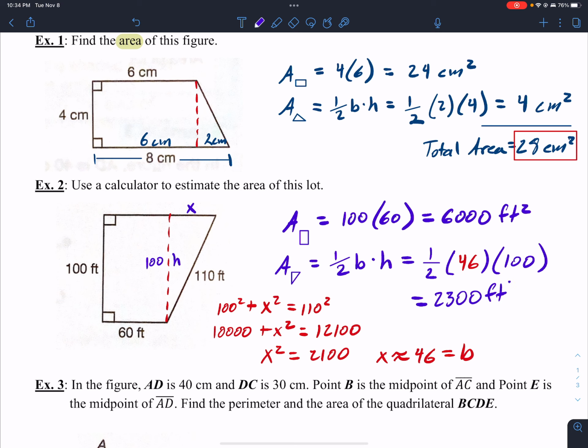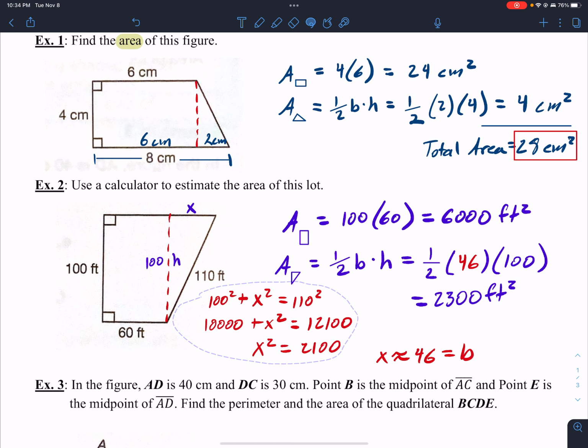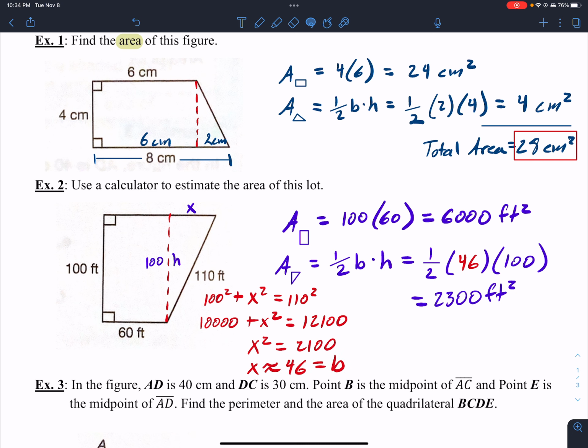And that is, again, square feet. All right, a lot of work being done here. This Pythagorean theorem was necessary in order to find the base. Now we have to add them together. Our total area is equal to 2,300 plus 6,000, which is 8,300 square feet.